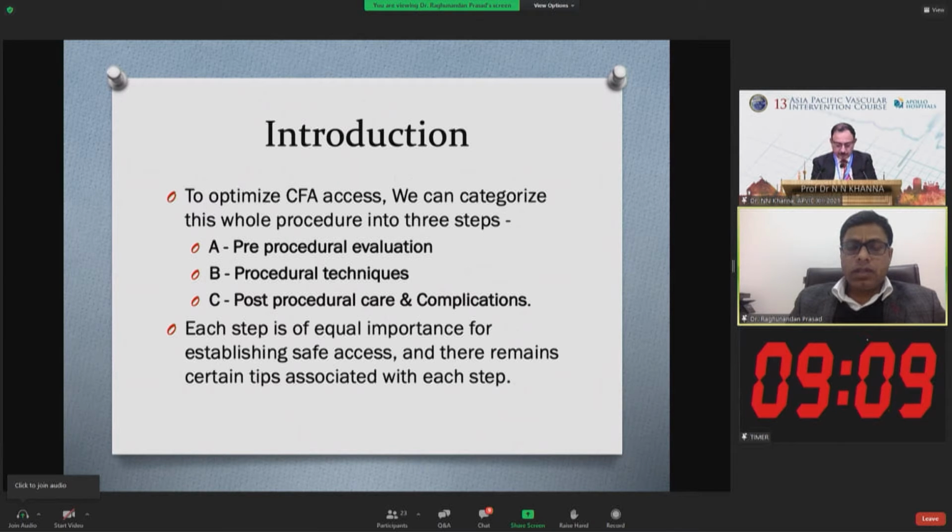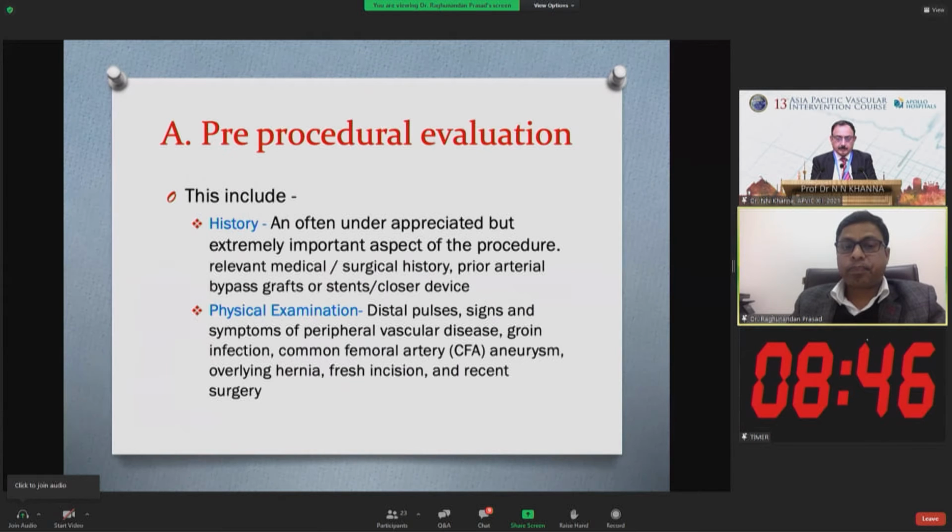Each of these three steps is of equal importance for establishing safe access, and there are certain tips associated with each step. So we will review all these three steps one by one, and see how we can secure this vascular access safely.